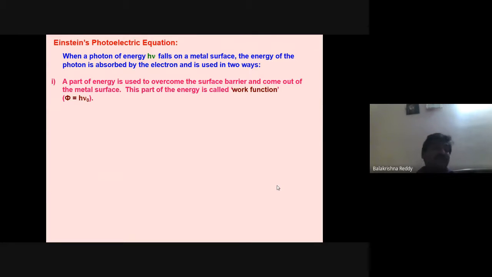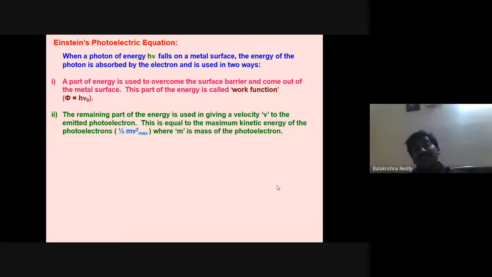After overcoming the work function, if more energy is available, the energy is useful to travel in a further direction with some kinetic energy, and therefore it reaches the opposite potential plate, and that contributes to the photoelectric current.